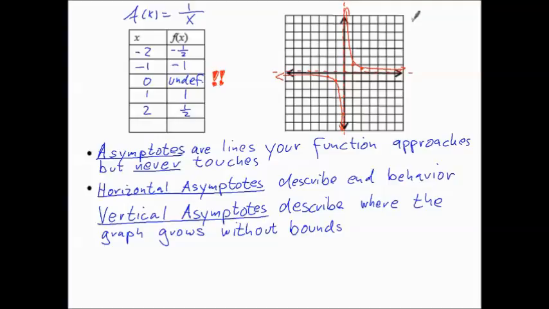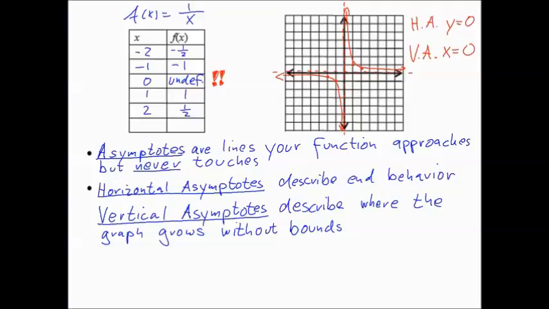The horizontal asymptotes are lines, so we can give them equations. The horizontal asymptote is y is equal to 0. Remember right here, y is equal to 0. It's essentially the x-axis in this case. And the vertical asymptote is a vertical line, so x is equal to 0 as well. And that is where the graph was undefined.